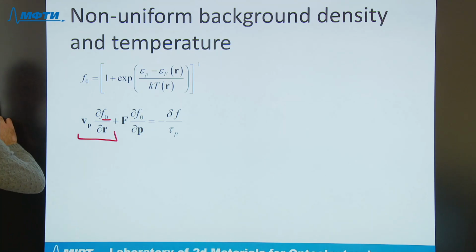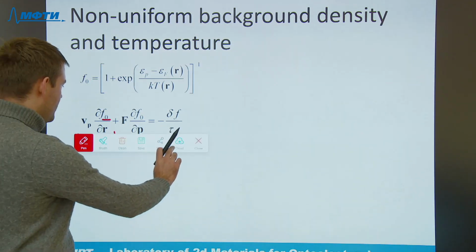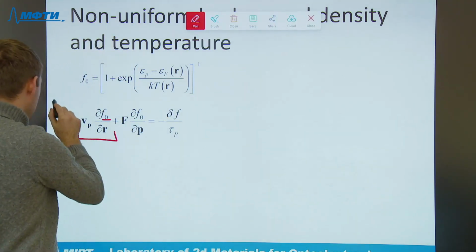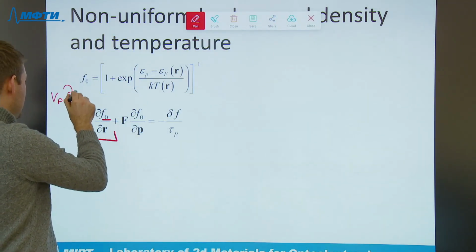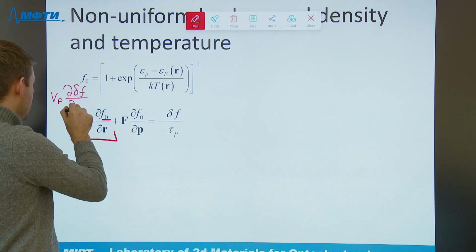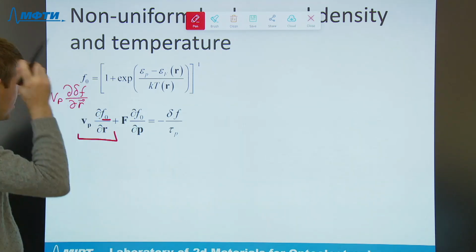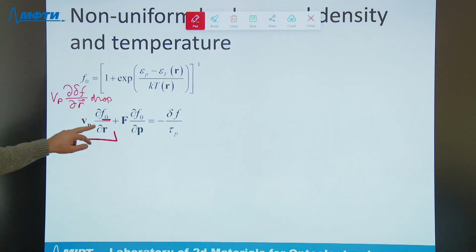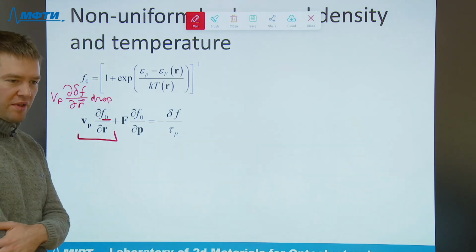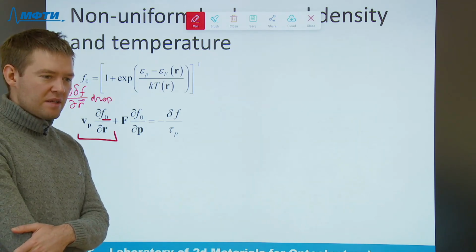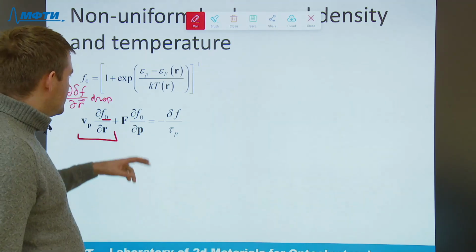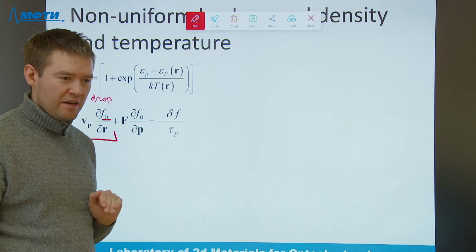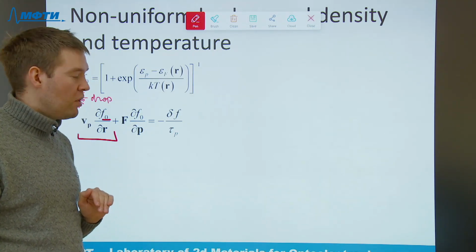So we drop the terms looking like velocity multiplied by derivative of delta distribution function with respect to the coordinate. So we drop them and we retain only the derivatives of equilibrium distribution function with respect to coordinate. It means that we assume the Fermi energy and temperature to be weakly varying in space. We assume the gradients to be small.